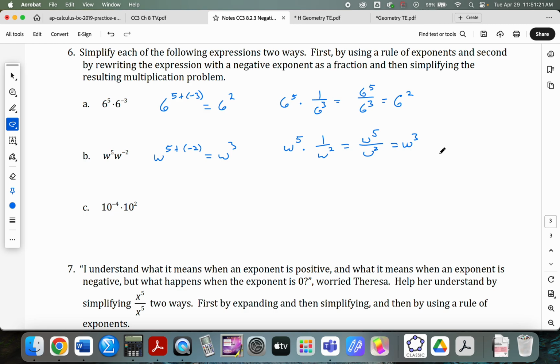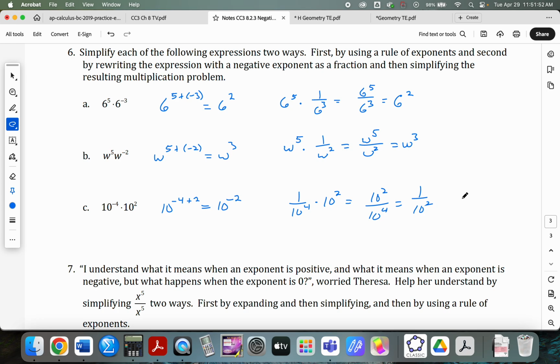All right, so here we'll keep the base, and we'll add the two exponents together. So that would be 10 to the negative 2 power. If we rewrite it, it's 1 over 10 to the 4th times 10 squared, which would be 10 squared over 10 to the 4th, which is 1 over 10 squared.